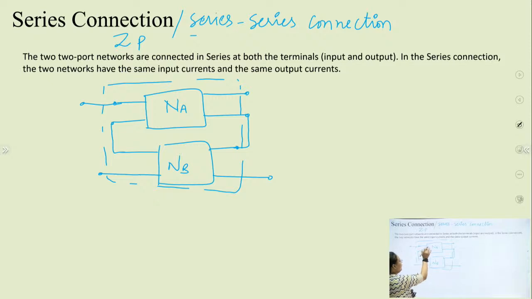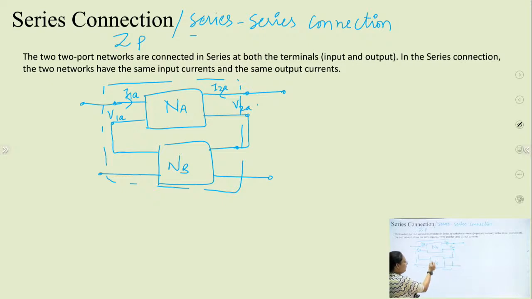For network A, we can write the input voltage as V1A, and the input current as I1A. Similarly, the output voltage of network A will be V2A, and the output current will be I2A. I am just adding the suffix for the network.